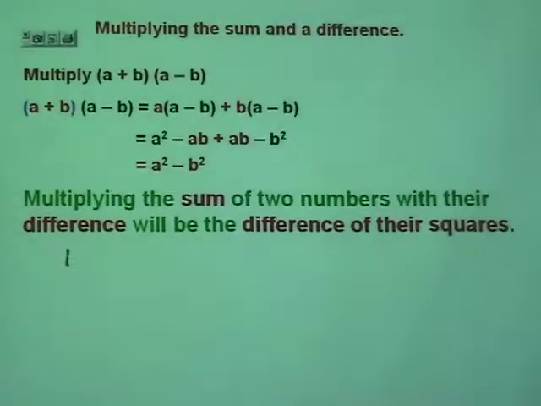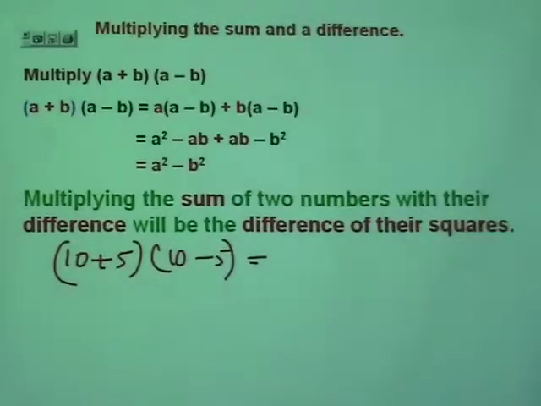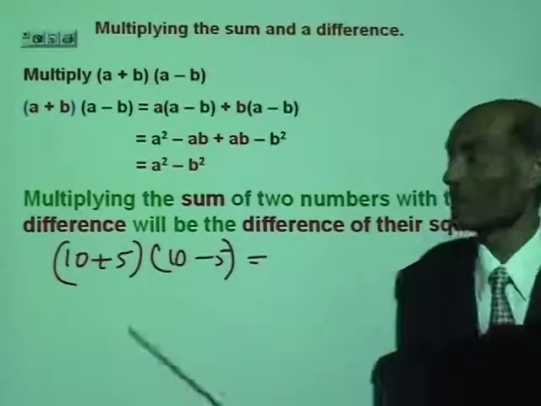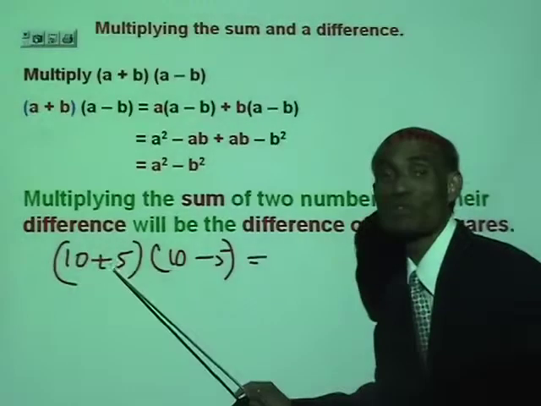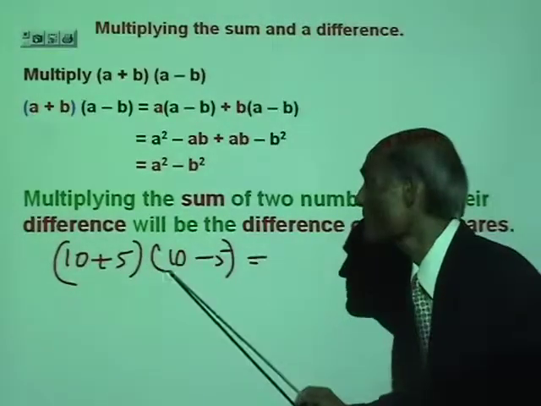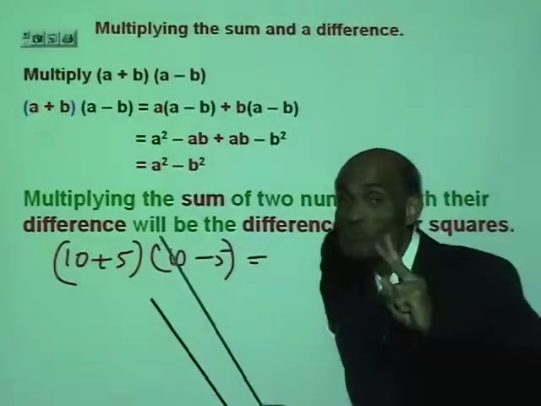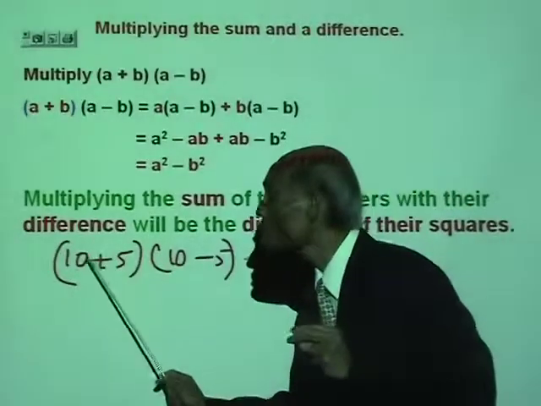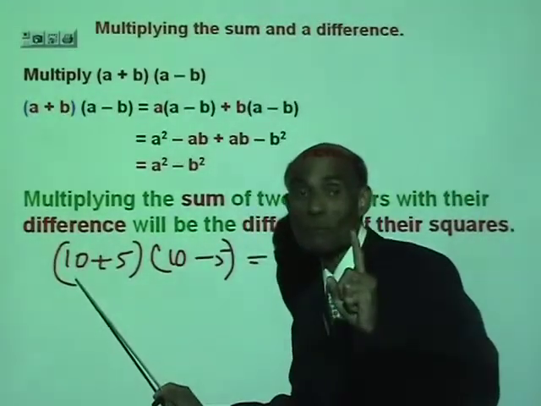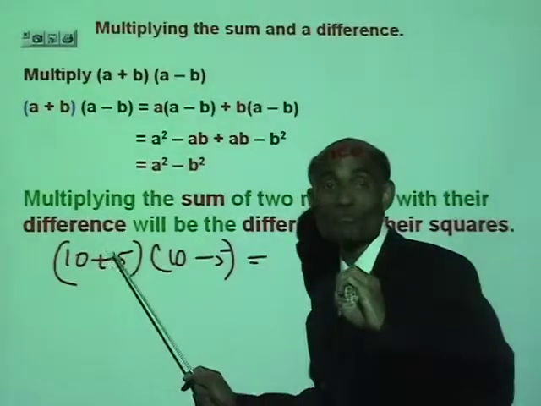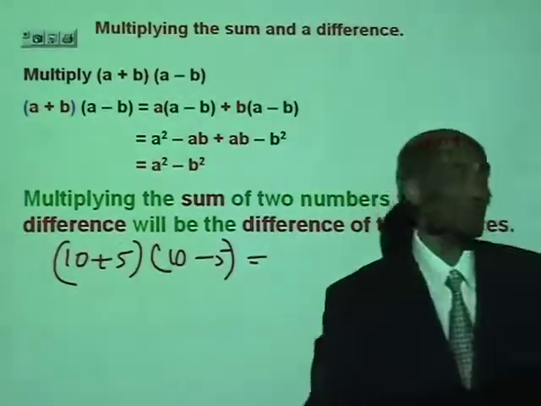What is 10 plus 5 times 10 minus 5? Can you tell me what that is going to be? 10 plus 5 times 10 minus 5. The sum of two numbers multiplied by the difference of the same two numbers will be the square of the first number minus the square of the second number.